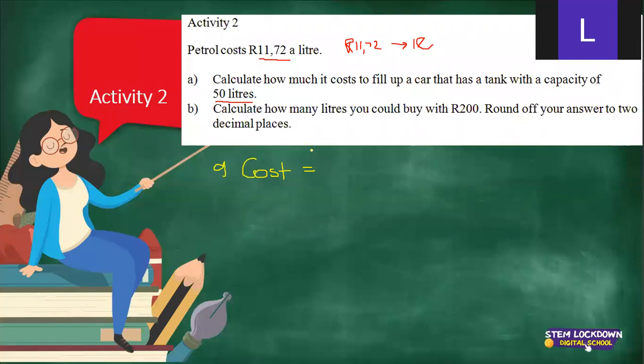The cost in this case will be the cost per liter, which is 11.72 per liter, times how many liters? 50 liters. Obviously, using your calculator, you just say 11.72 times 50.